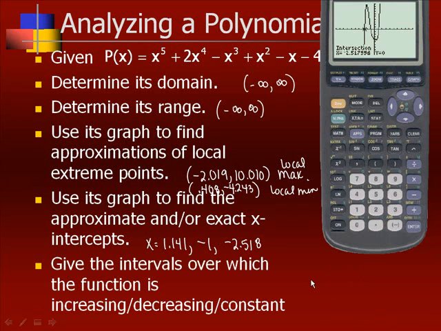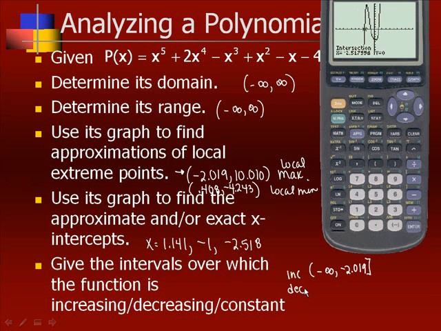Okay, now it says give the intervals over which the function is increasing, decreasing, or constant. Well, it's increasing all the way up until we hit this local max, which remember was our local max right here. So we say that it's increasing on the interval from negative infinity to negative 2.019.